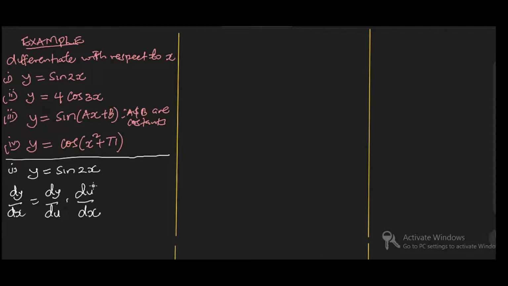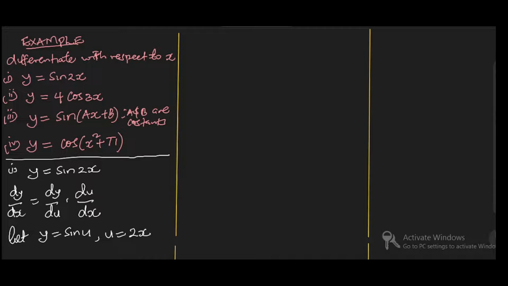So how does the u come about? We do a let: let y be equal to sine u. We are introducing u. So what will this u be? Our u will be this term 2x.